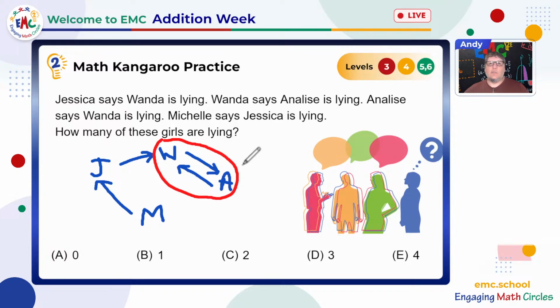So let's look at case one. Annalise is telling the truth. If she's telling the truth, then Wanda is lying, which means Jessica is telling the truth because she said Wanda is lying.